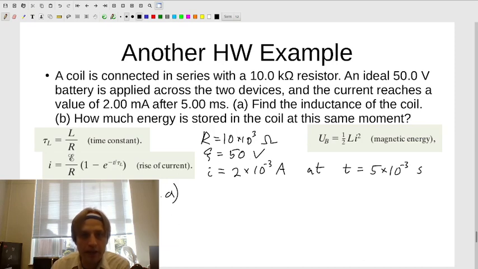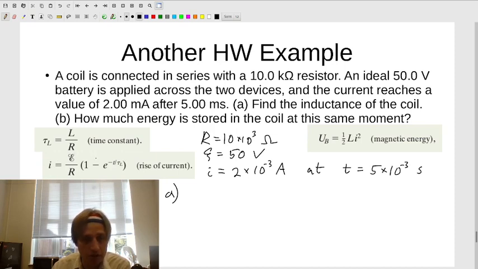Okay, so part A is asking find the inductance of the coil. Now, it might not be obvious how you would do this, but essentially you know the current, you know the resistance. This is a rising current, a current that's getting bigger.